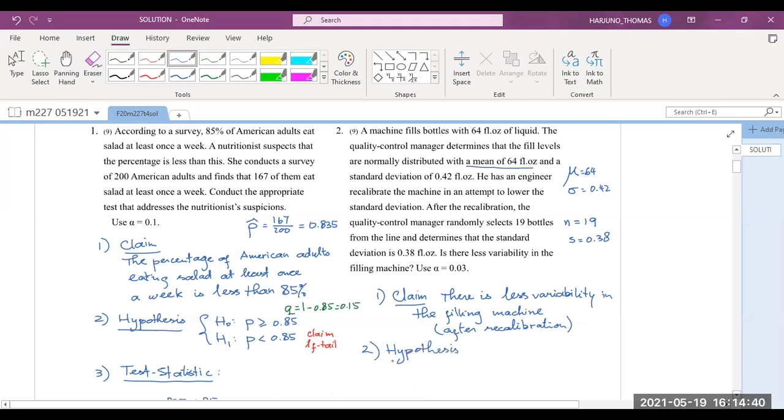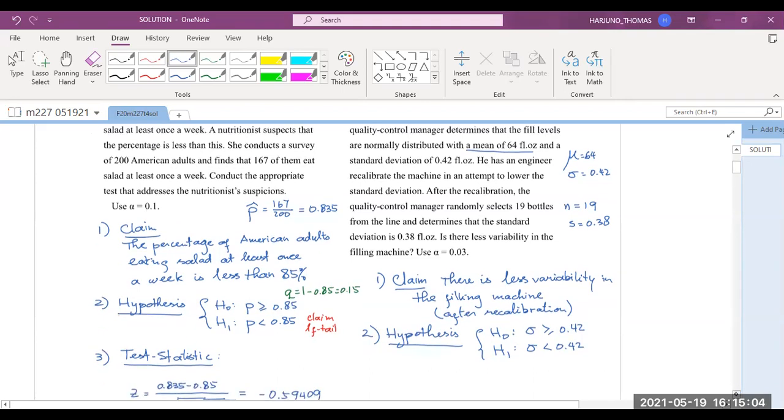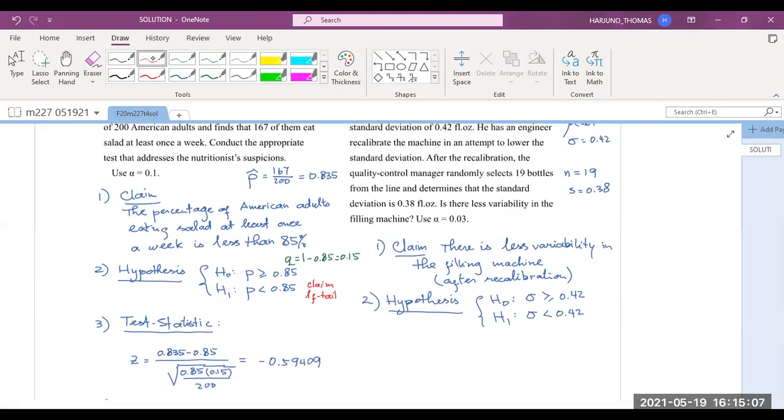Now our sample standard deviation is less than 0.42. But does it mean the new standard deviation is less than the earlier one? Okay. And here we see that again, the claim is with the alternate hypothesis, and that's again a left tail.